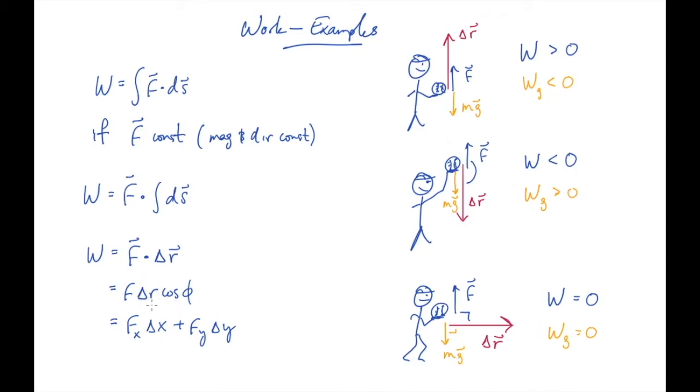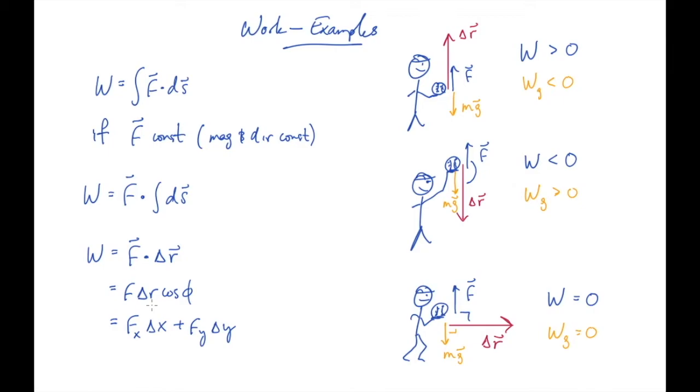If the object doesn't move, there's no work done. If you stand and push on a wall, you can be exerting a force, however hard you want, but if the wall doesn't go anywhere, you don't do any work. Work is only done on moving objects. If they're stationary, no work.